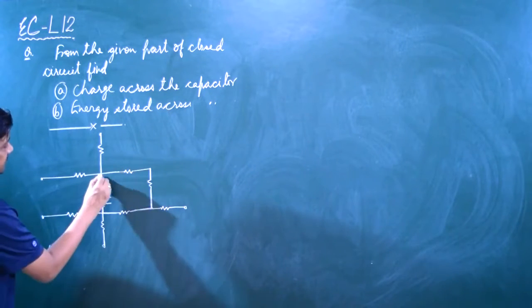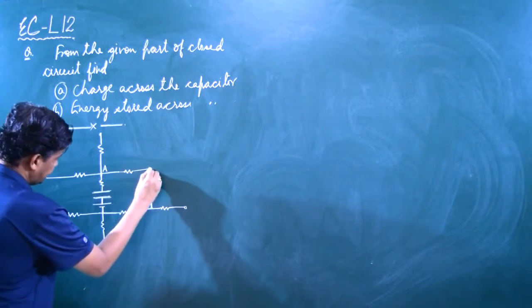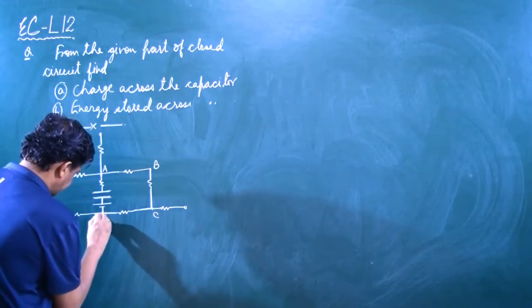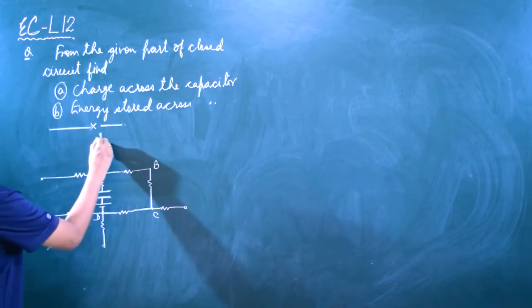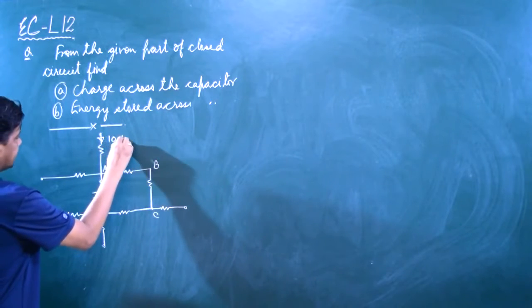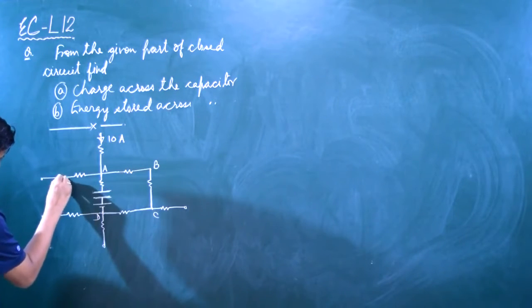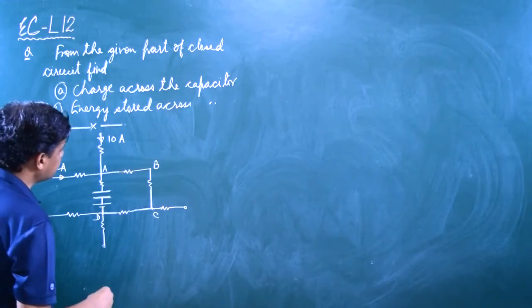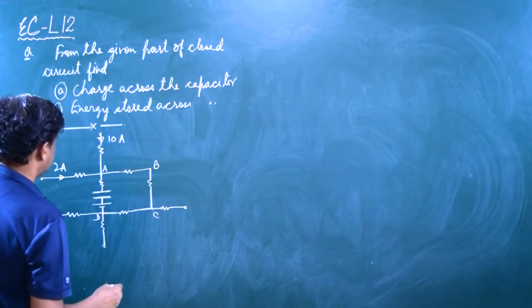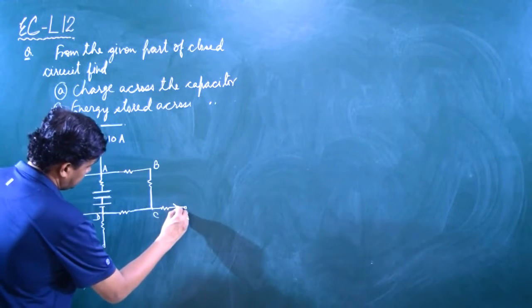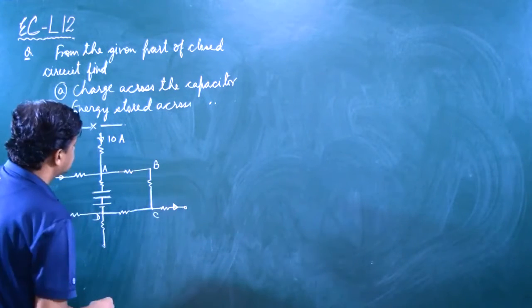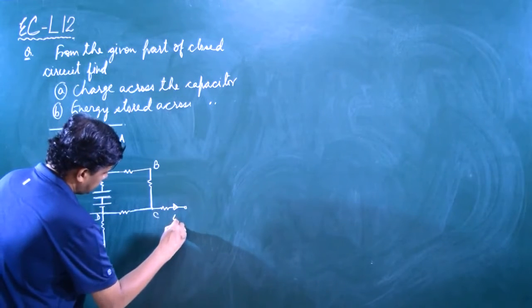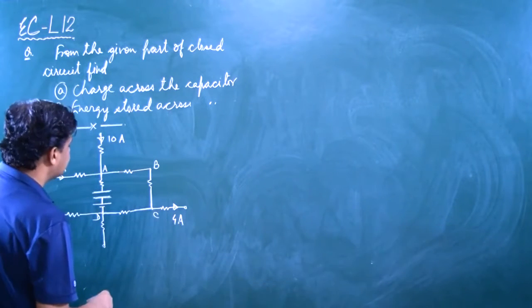Okay, this point is A, this point is B, it is C, and it is D. Here current is 10 ampere, current is 2 ampere. Current is 4 ampere.